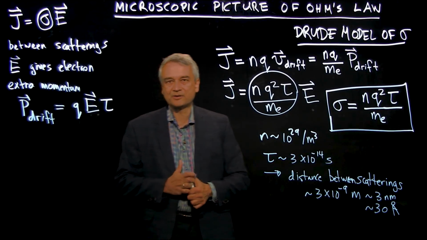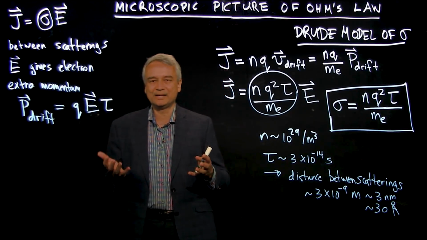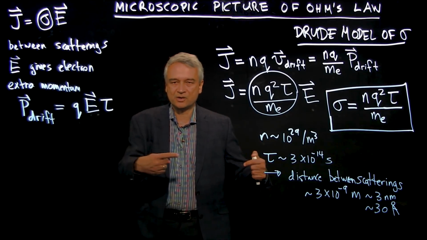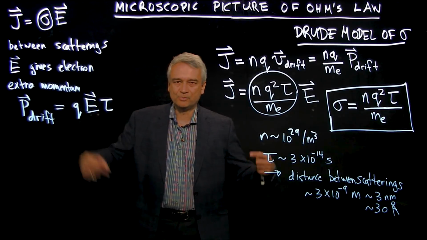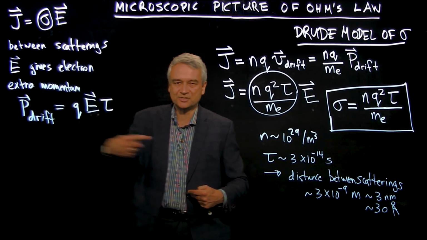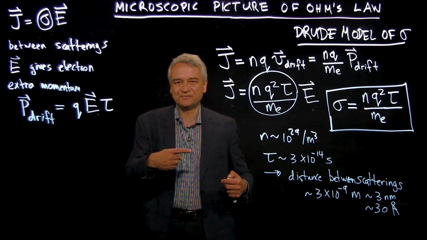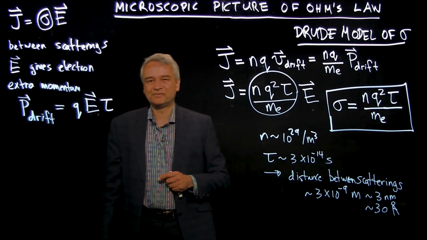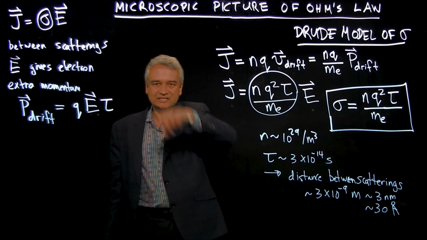So our microscopic picture of Ohm's law is now complete. What we've learned is that in a copper wire with a battery driving a current through it, there's an electric field pointing this way, which is pushing the electrons through the copper wire. And those electrons have an average drift velocity, which is tiny. Where does that drift velocity come from? Well, it comes from these electrons, which are whizzing around at very, very high speed.